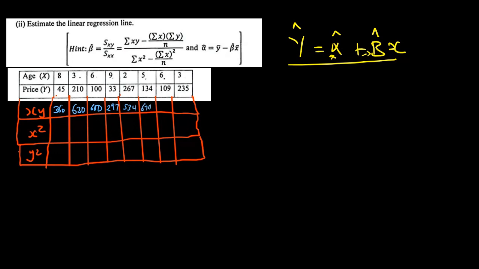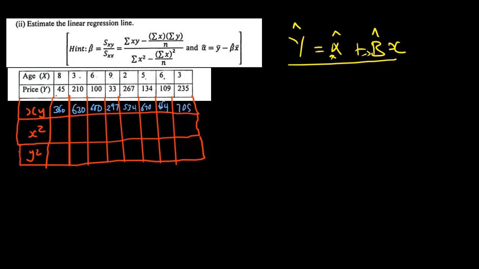The next one will be 6 multiplied by 109. So 6 multiplied by 109 gives me 654, and then 3 multiplied by 235 gives me 705.